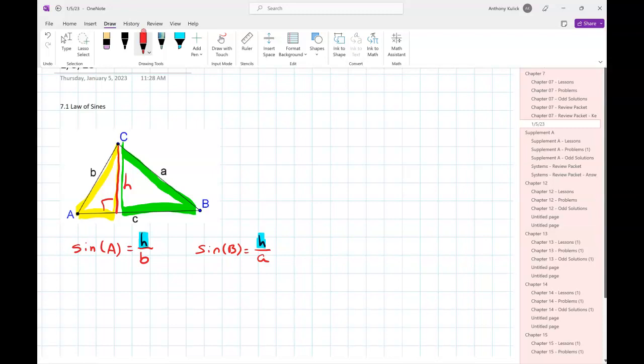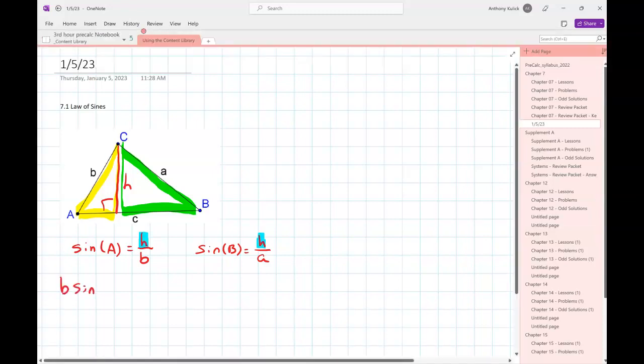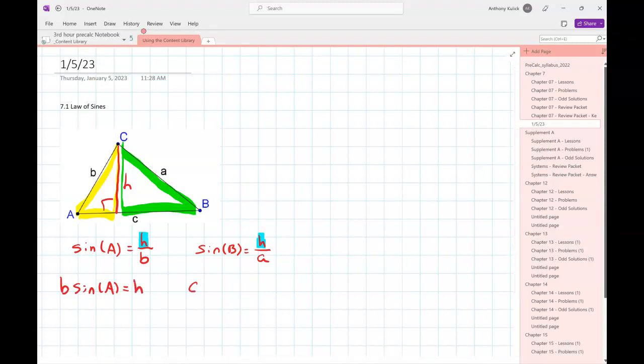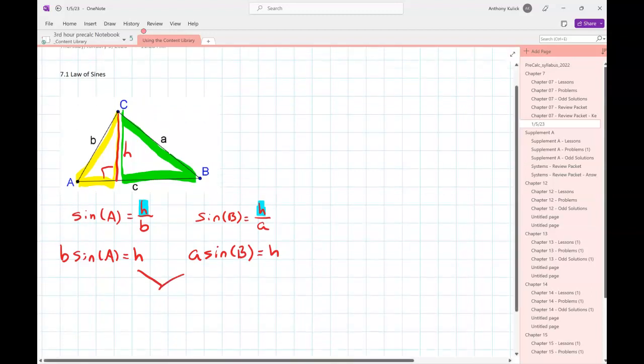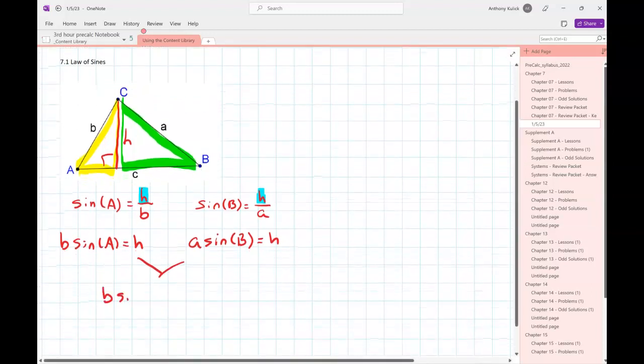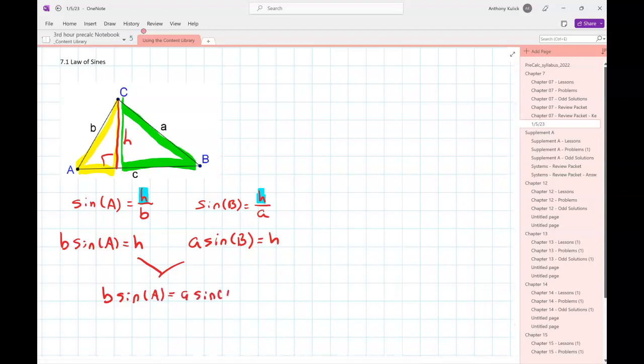So for my first equation, I'm going to multiply both sides by b. And in the second equation, I'll multiply both sides by a. So when I put those two together, everybody feels good?